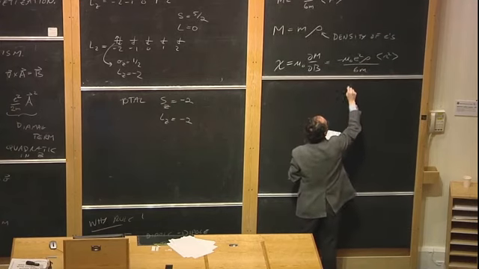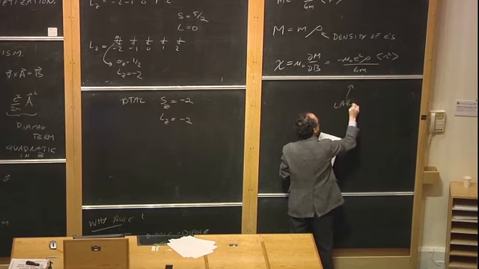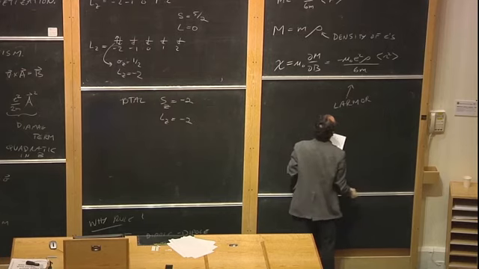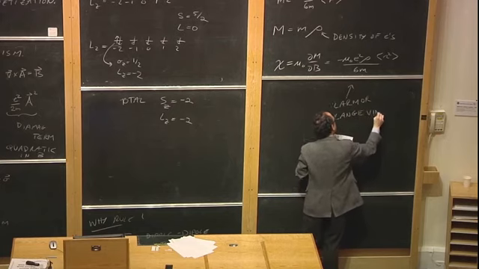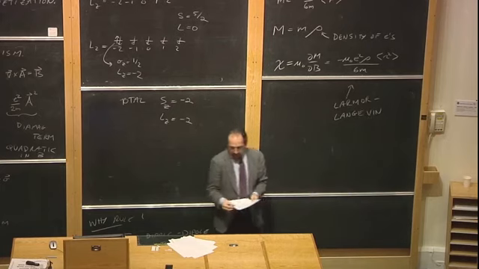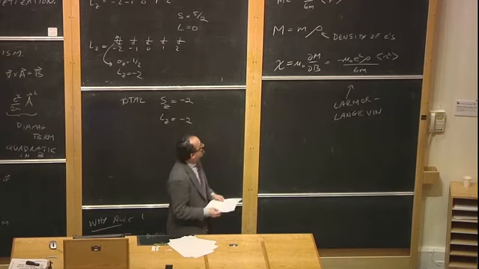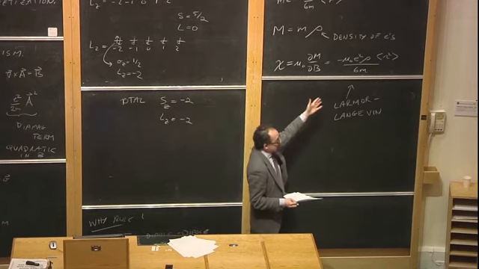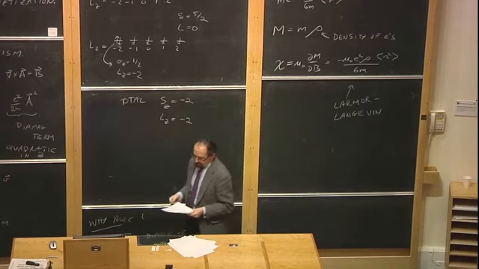And this is known as the Larmor result, or sometimes Larmor-Langevin diamagnetic term. This is Larmor or Langevin diamagnetism, and that's the expectation of this.